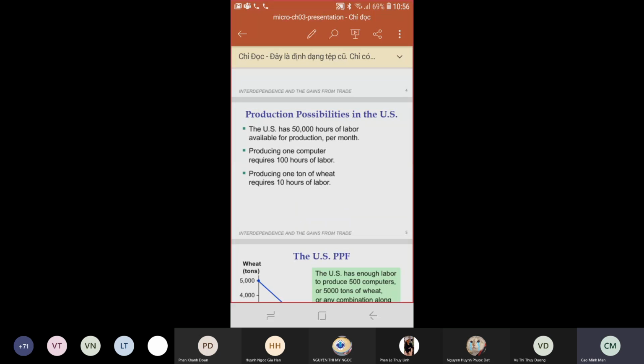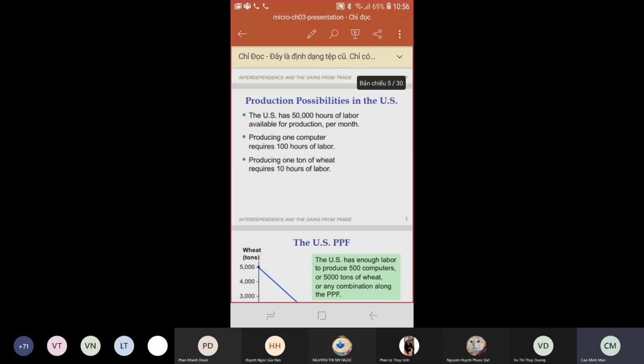So, from this information, we can conclude that the US has absolute advantage in producing both wheat and computers in comparison with Japan. You understand now? That's the meaning of absolute advantage.